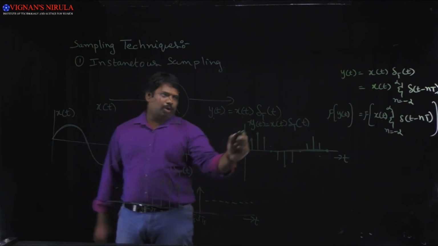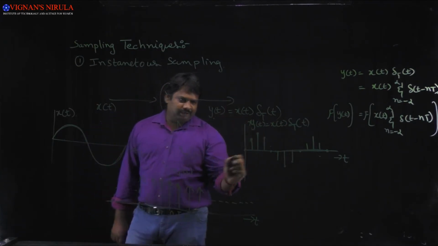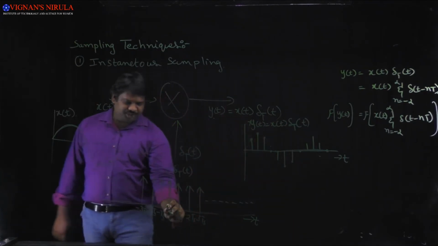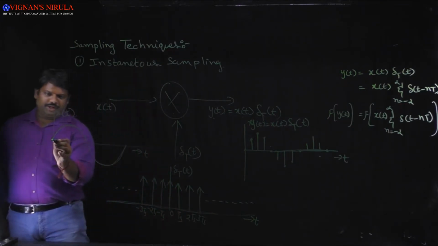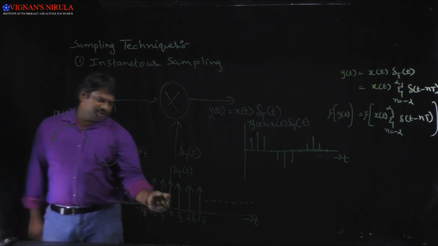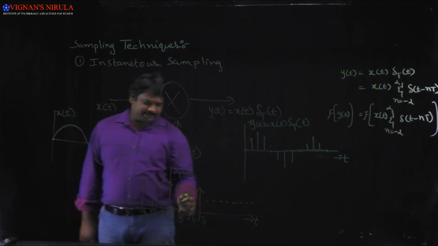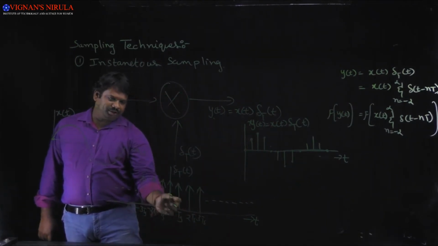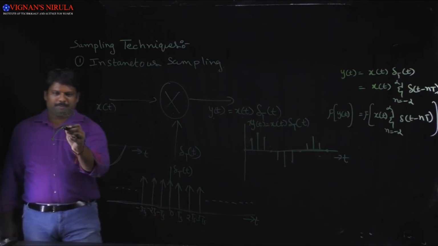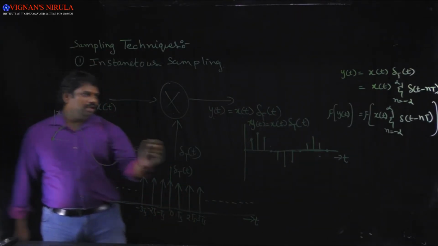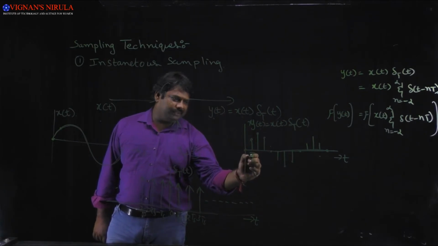That means when we plot this y of t graph, at t equal to 0 the value is 0, and 0 times the impulse function gives an output of 0. Next, at t equal to ts, this impulse is multiplied with the value of the signal there, so we get one particular impulse.